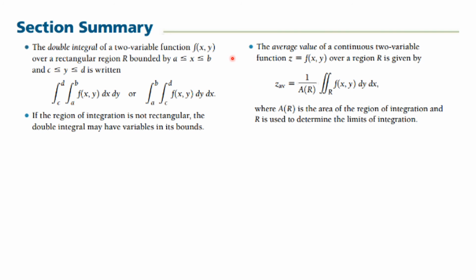We also learned that the average value of a continuous two-variable function z equal f of xy over a region R is given by z average is equal to 1 over the area of R times the double integral over the region R of f of xy dy dx. And again, A of R is the area of the region of integration, and R is used to determine the limits of integration.